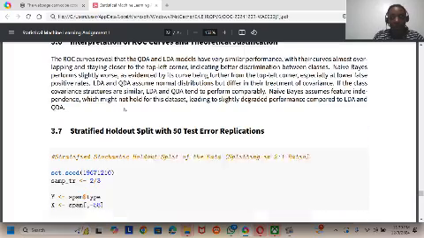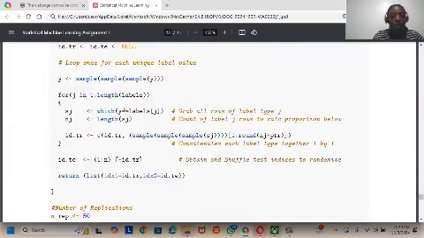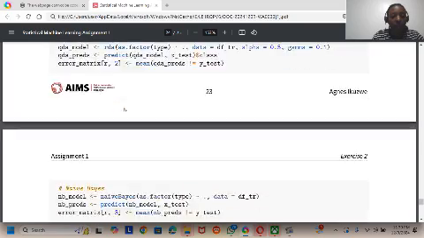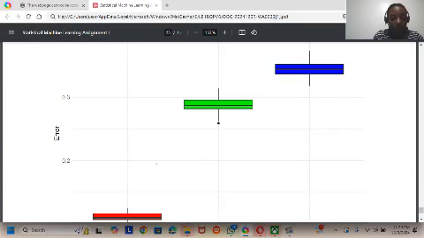But I have also used an analysis of the box plot for error distribution, where I have seen that LDA has the lowest median error and the smallest interquartile range, which indicates consistent performance.